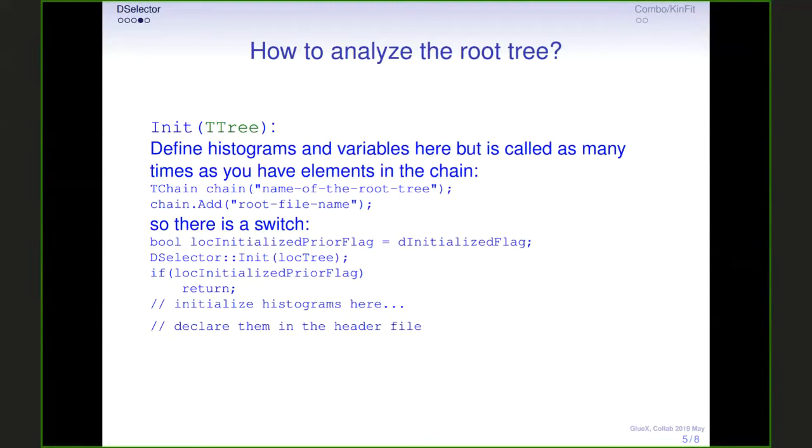If it has been called already, then it will return, and whatever follows will not be executed. So any variable you want to initialize at the very beginning of your analysis, and all histograms that you want to declare, has to happen afterwards. Otherwise, you will overwrite it every time you go into this init function.